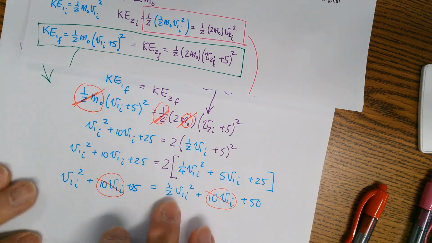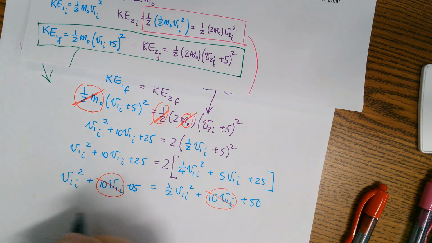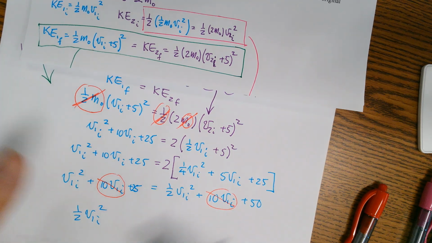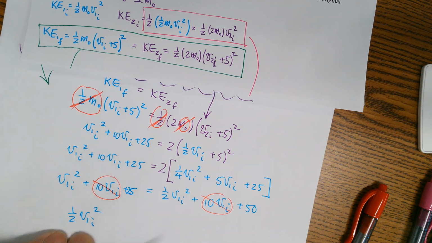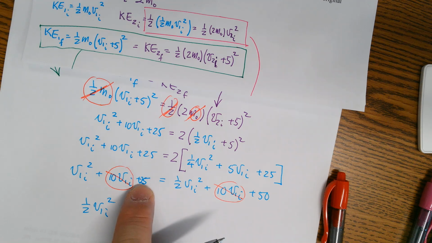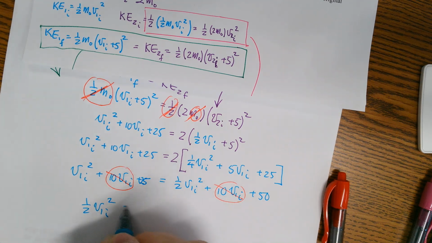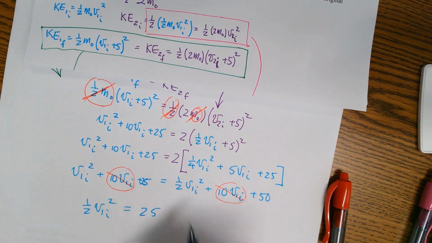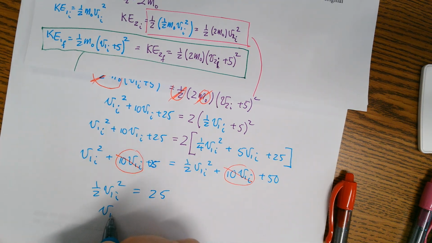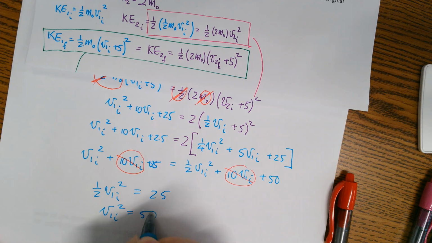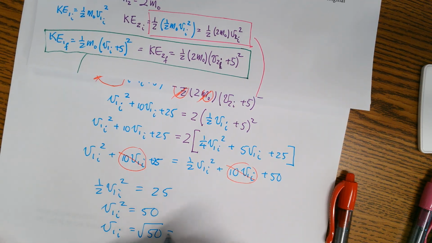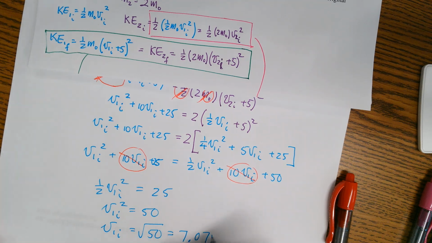If I bring this to this side, I get positive 1/2 V1 initial squared, because 1 minus half is half. If I bring the 25 to the other side, I get 25. Multiply by 2 on both sides, and V1 initial squared is equal to 50. So my V1 initial is the square root of 50, which is 7.07 meters per second.